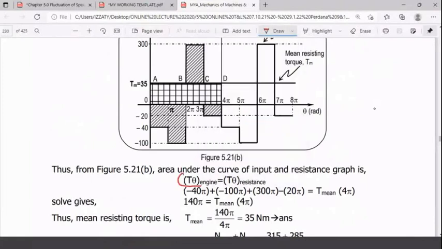This is what I call conservation of energy, the equilibrium condition, isn't it? So look at your 40. It doesn't matter how you calculate. This area 40, this one is 100 negative. The next one is 300. The whole thing, this one is minus 20, a small portion of here, then equal to T mean, which equals this one.